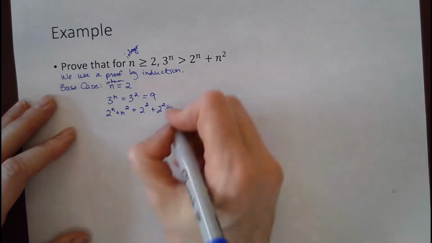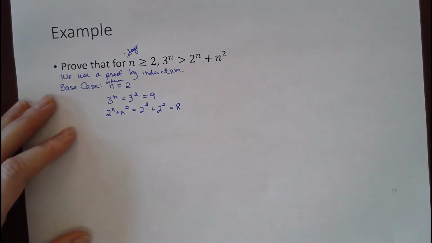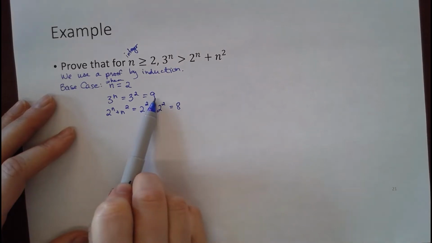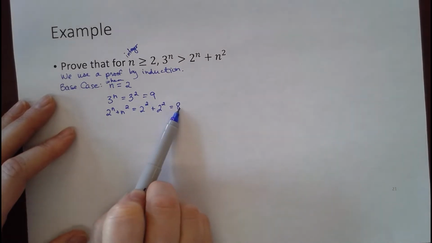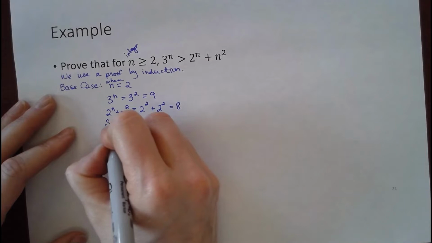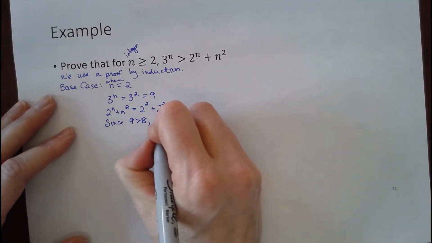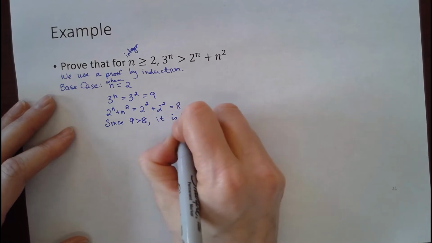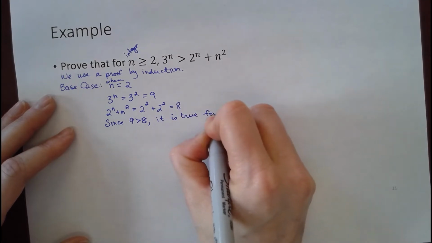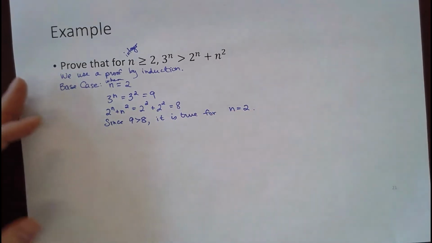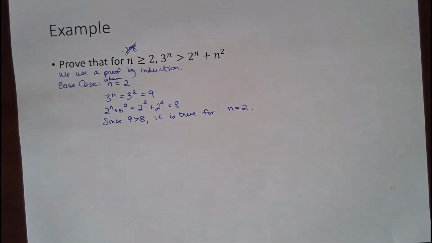So that's 4 plus 4 is 8. Okay, so the left side, 9, is indeed greater than 8. So since 9 is greater than 8, it is true for n equals 2. All right, so we've established that it's true for the base case.